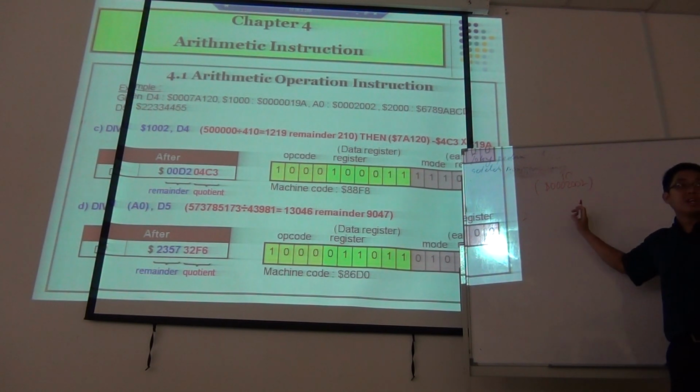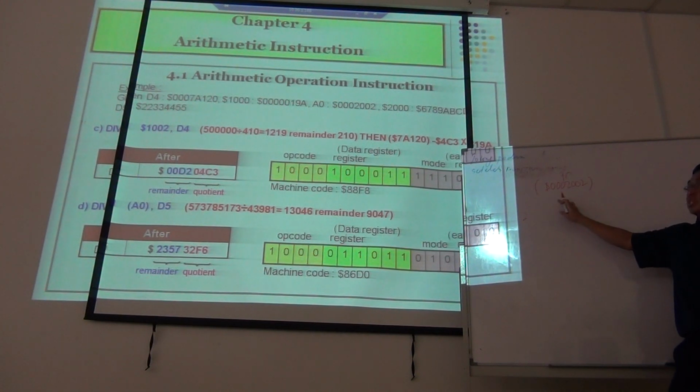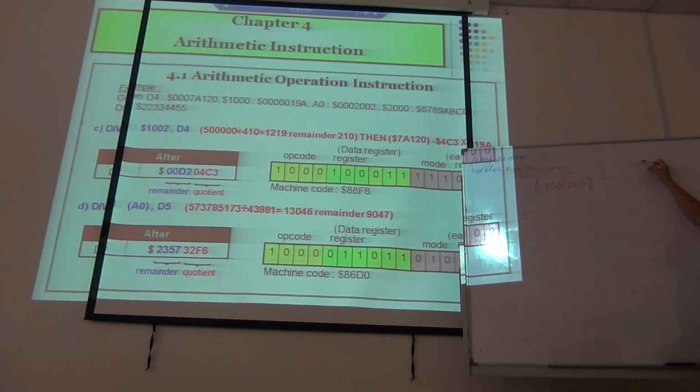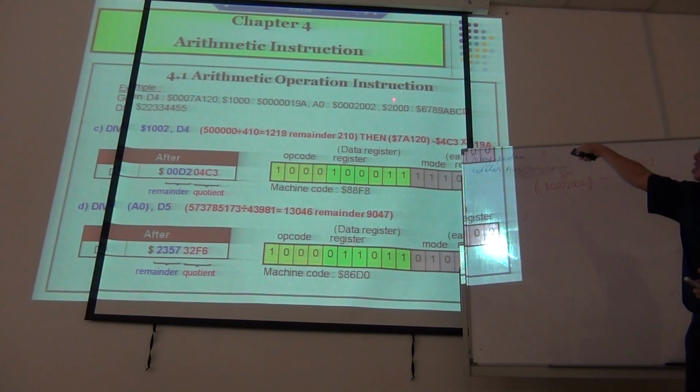This is not the thing that you want to have, because of the bracket. You are basically pointing to the location 2002. Location 2002 is given this one.